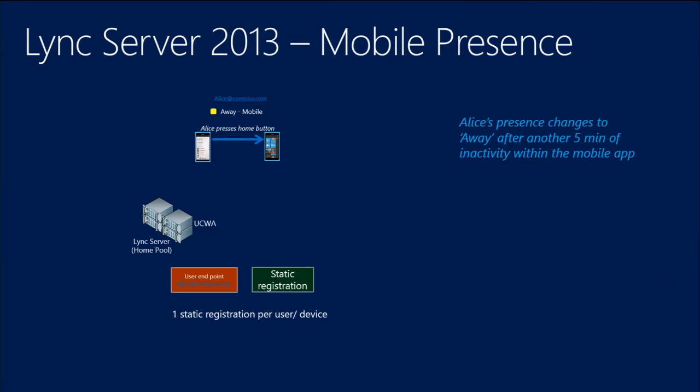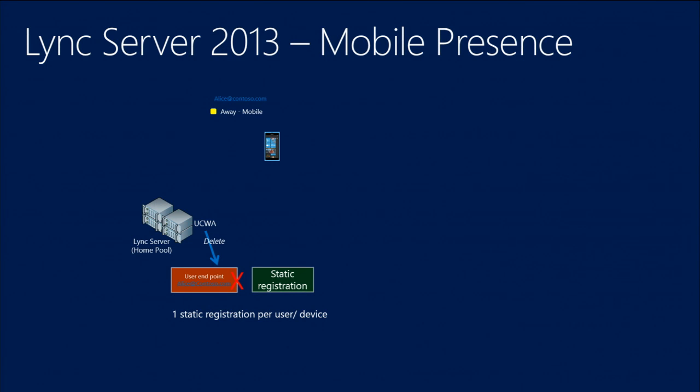We're going to change that again after another 5 minutes of inactivity, right? So she's now gone away from the application for 10 minutes. And then here we'll actually clean up the user endpoint registration again.